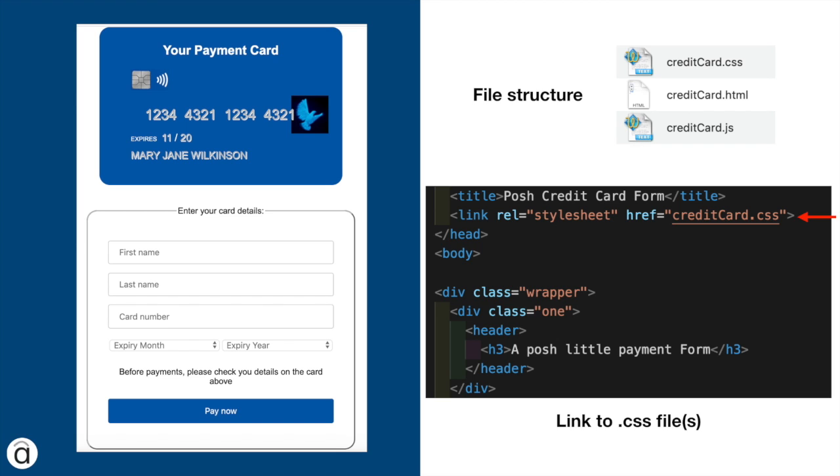Effectively, it links to something, and then creditcard.css. So in effect, this HTML code is now pointing to and linking to creditcard.css. That is effectively pointing to an external CSS sheet, or an external cascading style sheet.